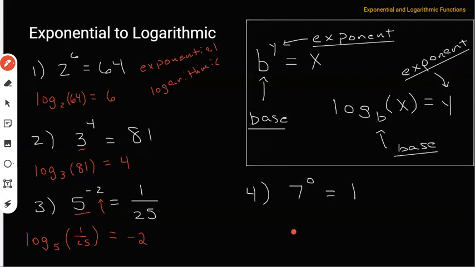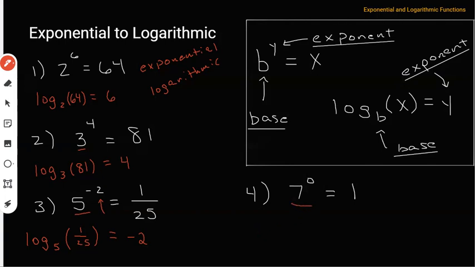And then lastly, number 4, 7 to the 0 power is equal to 1. So if you take any non-zero number and take it to the 0 power, you're automatically going to get 1. But can we take this exponential equation and make it into a logarithmic equation? Well, we can. We just need to know the exponent and the base. So the base here is going to be a 7.